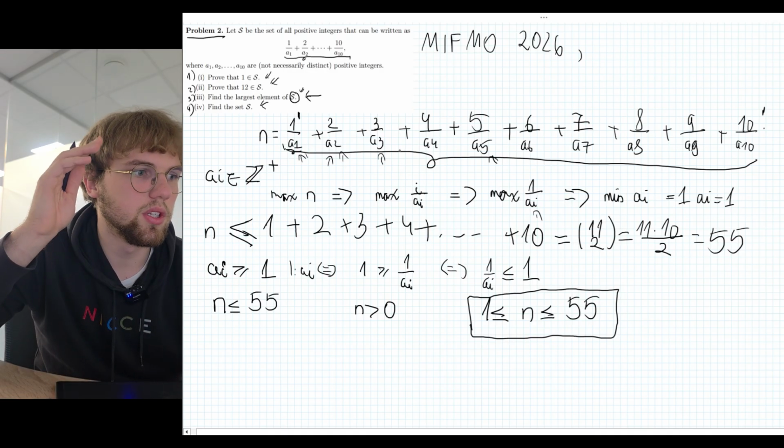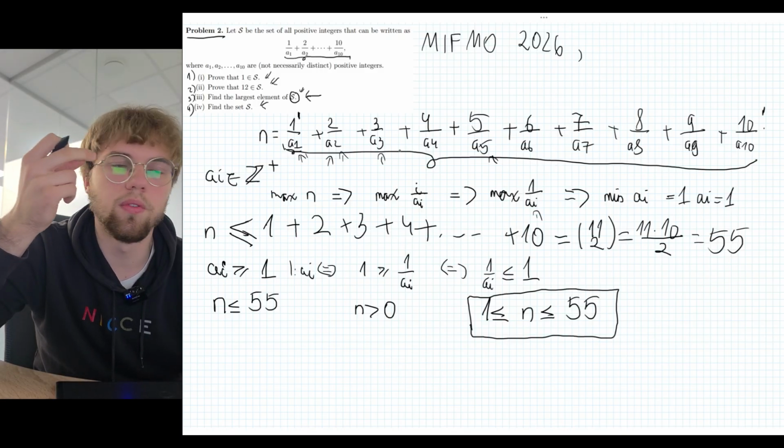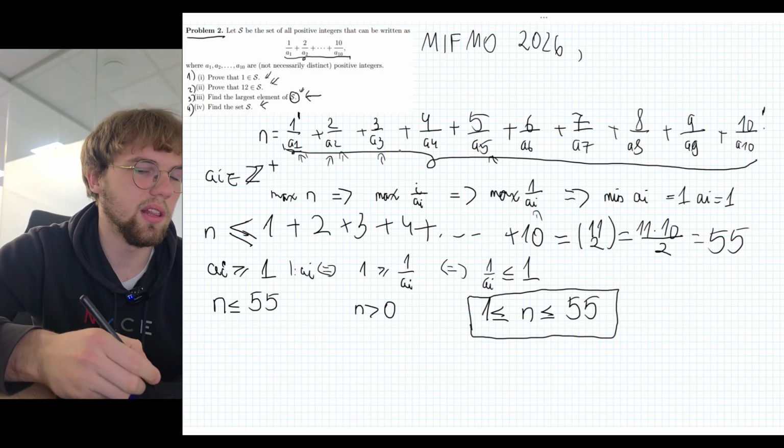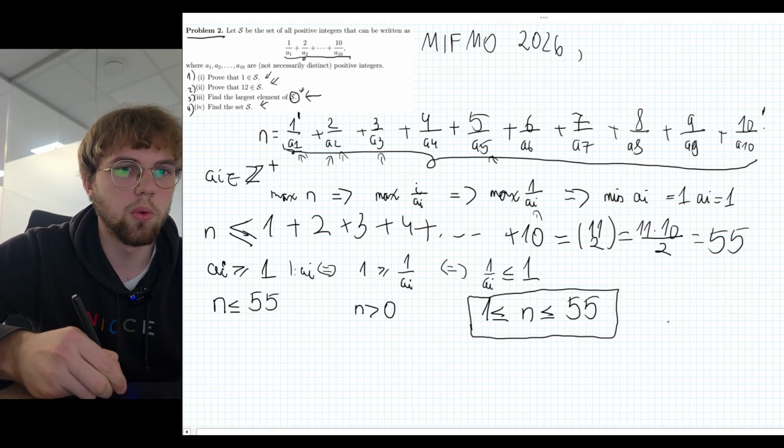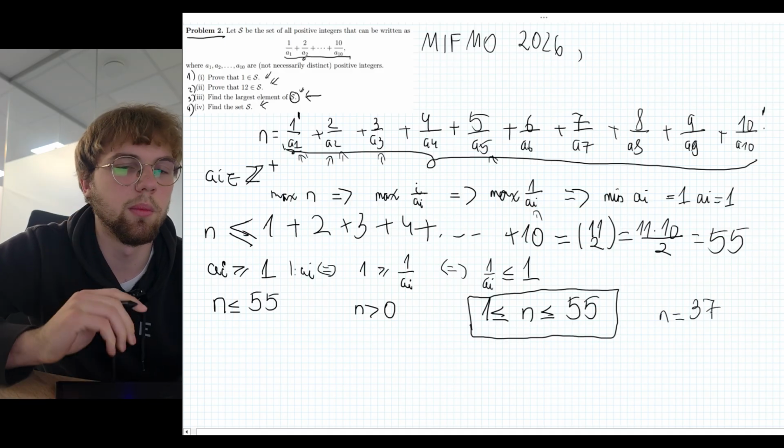You have so much degree of freedom that it seems so unlikely that somehow magically you won't be able to get, let's say, 37 or some number.